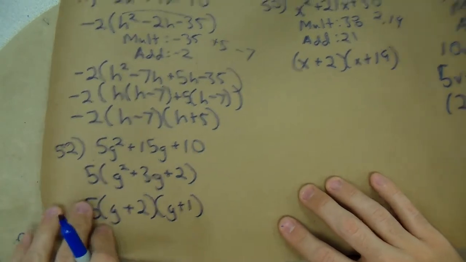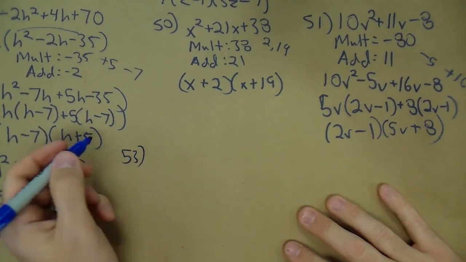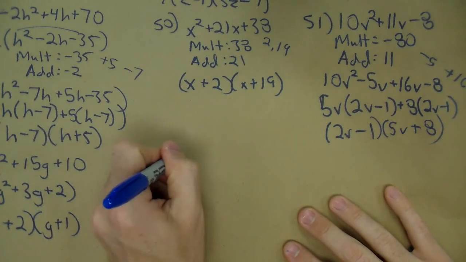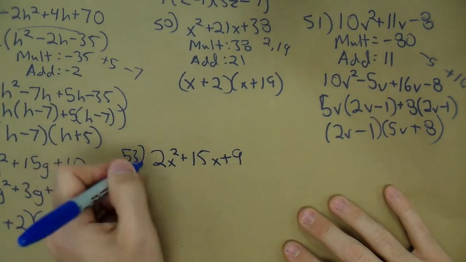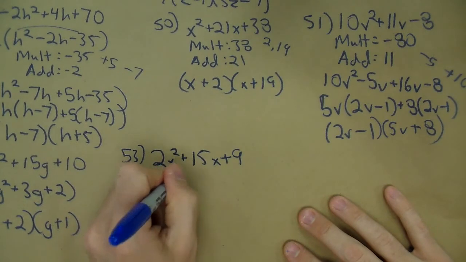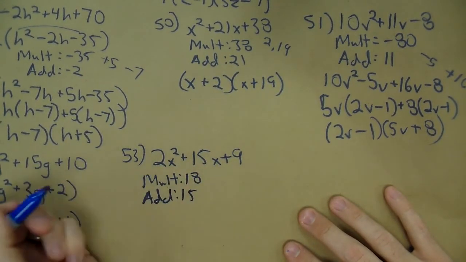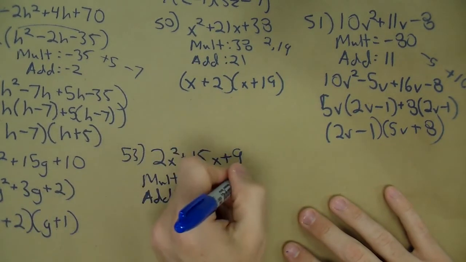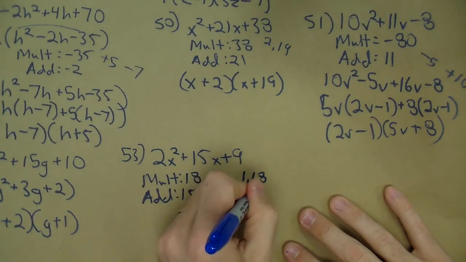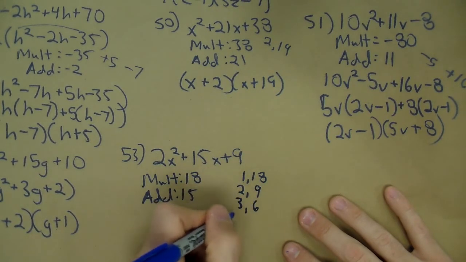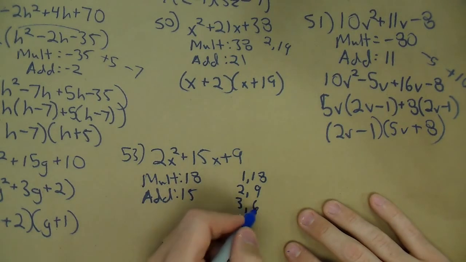And the last one, 53, we're looking at the expression 2x squared plus 15x plus 9, and we want to see if that's factorable. So we want to multiply to 18 and add to 15. Well, I don't have anything that comes to mind, so I can look at my factors of 18. I have 1 and 18, 2 and 9, 3 and 6, 4 doesn't go, 5 doesn't go, 6 gives me back to here.